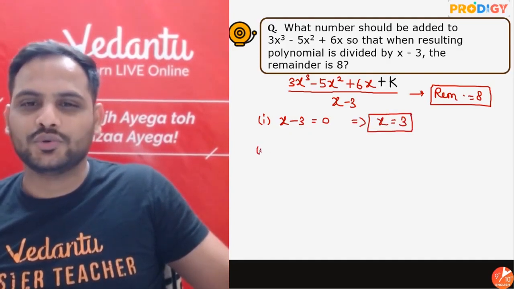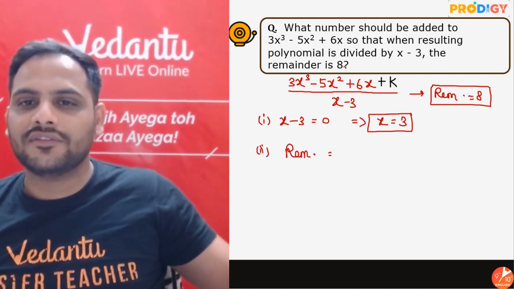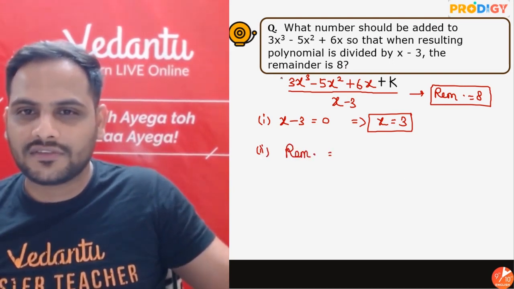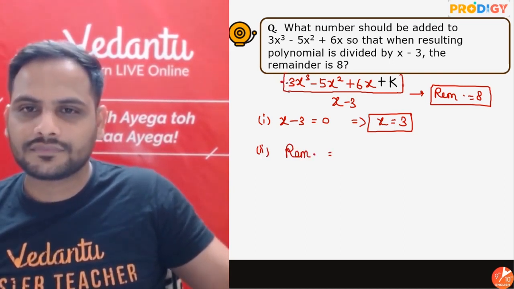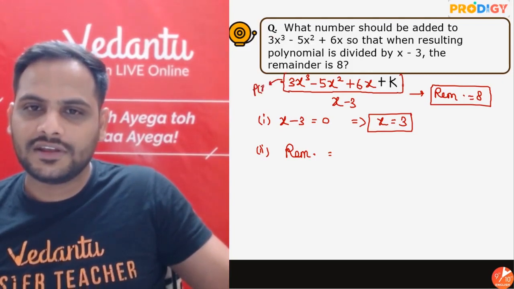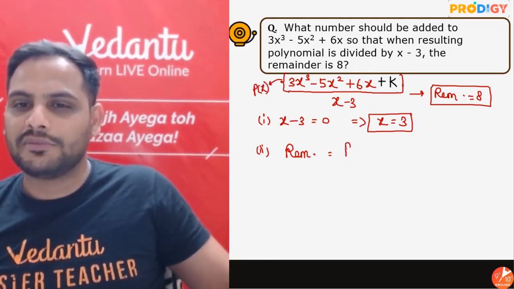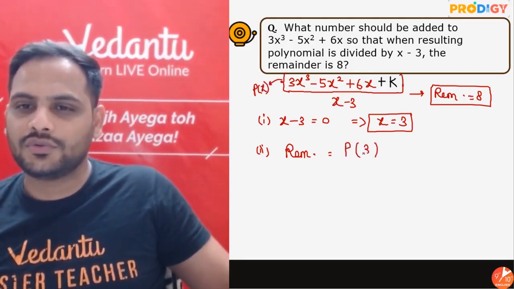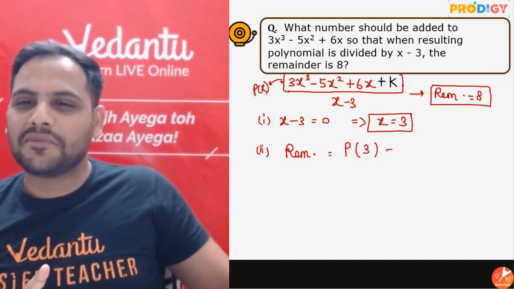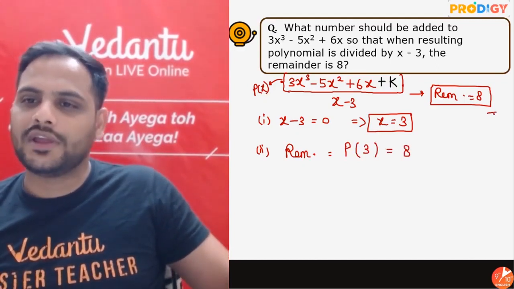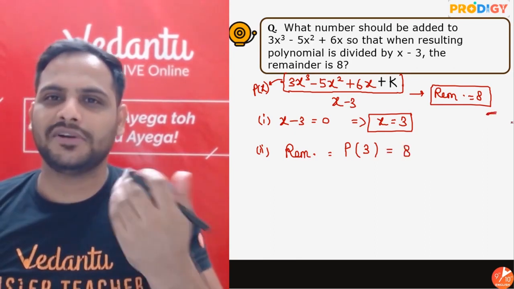Step 2, remainder will be equal to the value of this polynomial p(x), at x equal to 3, and I know the remainder is 8 according to my question.